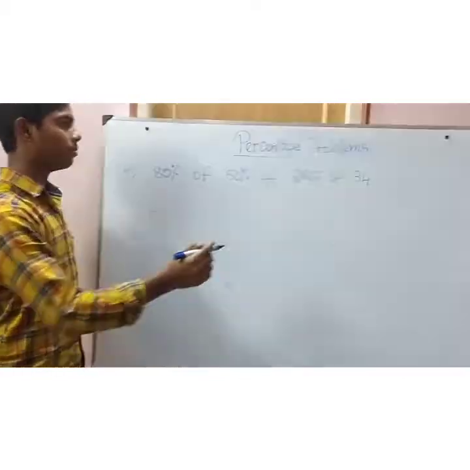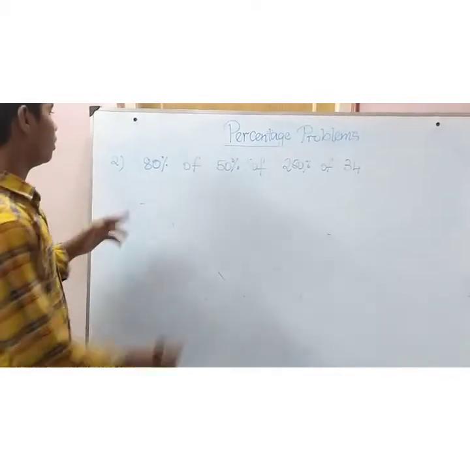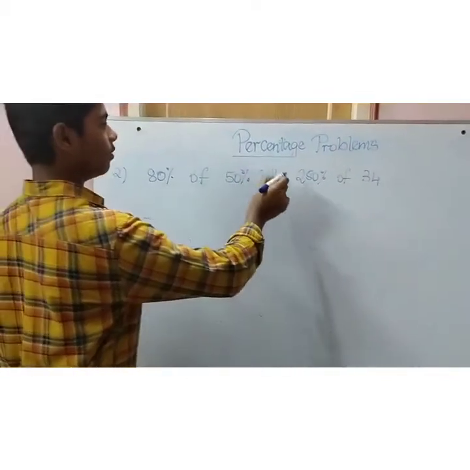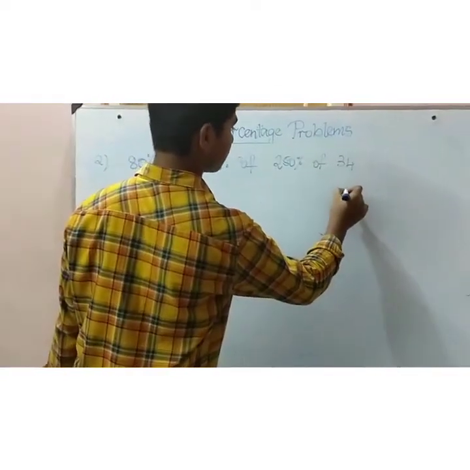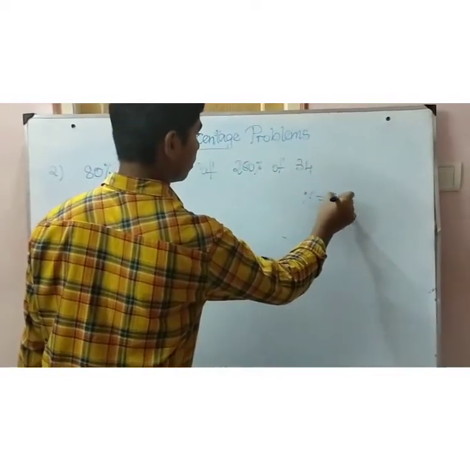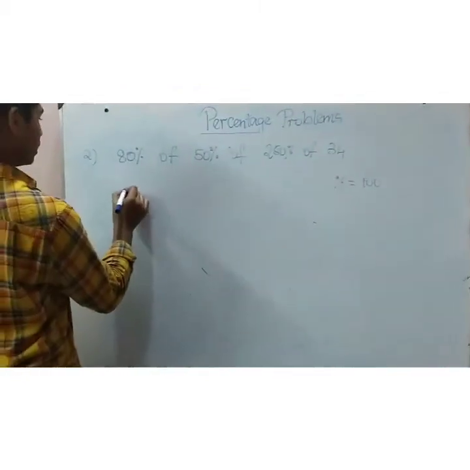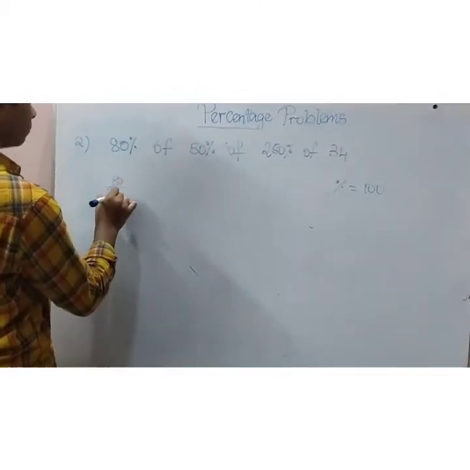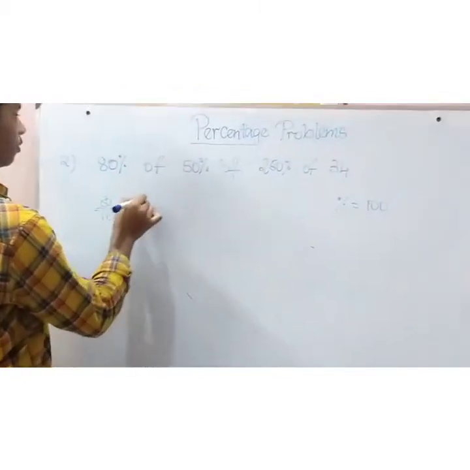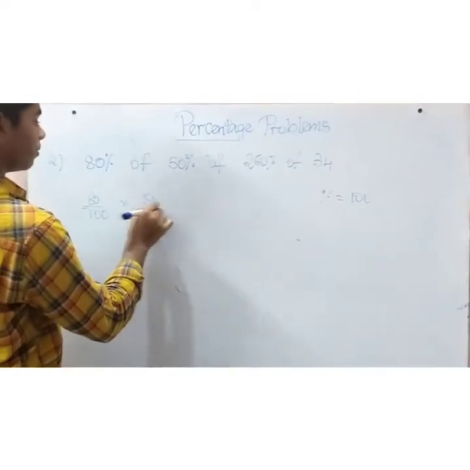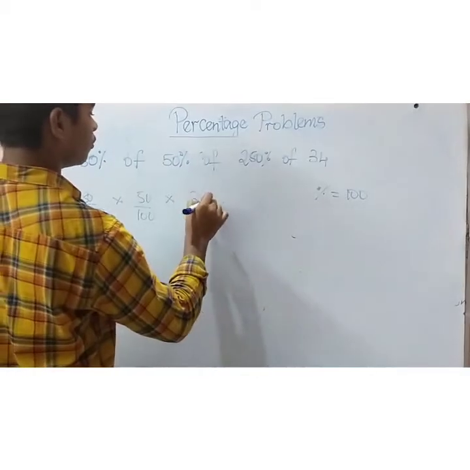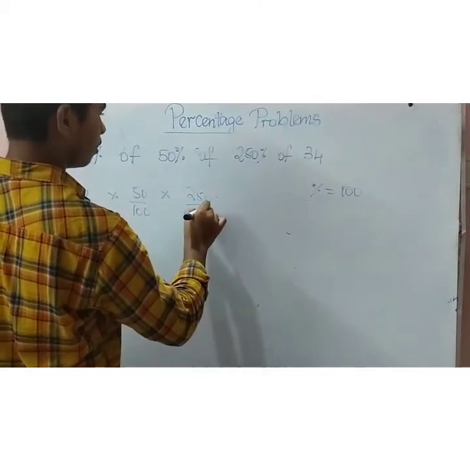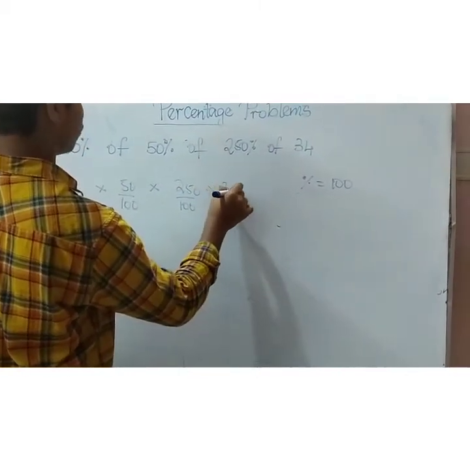Let's see the second problem. I will read the second problem. 80% of 50% of 250% of 34. Now percent means 100. 80% means 80 by 100 into 50 by 100 into 250 by 100 into 34.